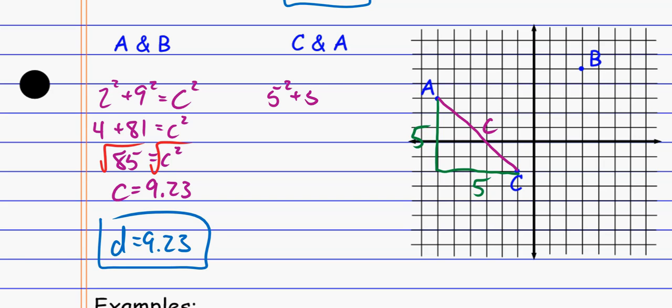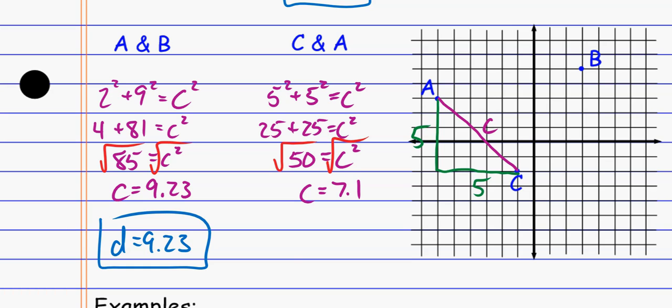A squared plus b squared equals c squared. Again, I simplify, combine these things, and now to solve, I take the square root. Use your calculator for this. I get about 7.1. So that's the distance.